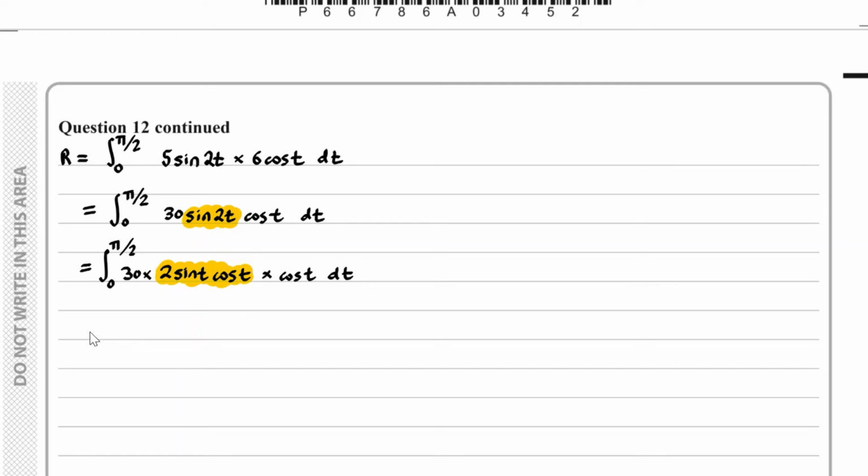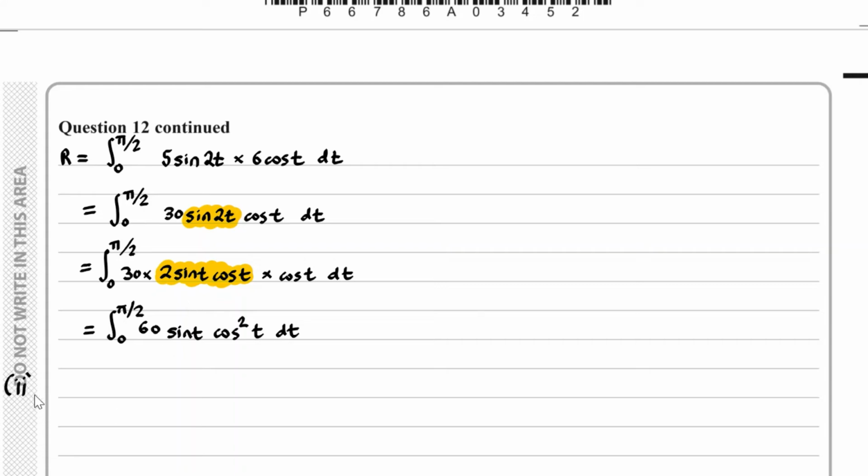So here we end up with 30 times 2, which is 60. So we have 60 sine t times cos squared t dt. Okay, and that's what we wanted to show.